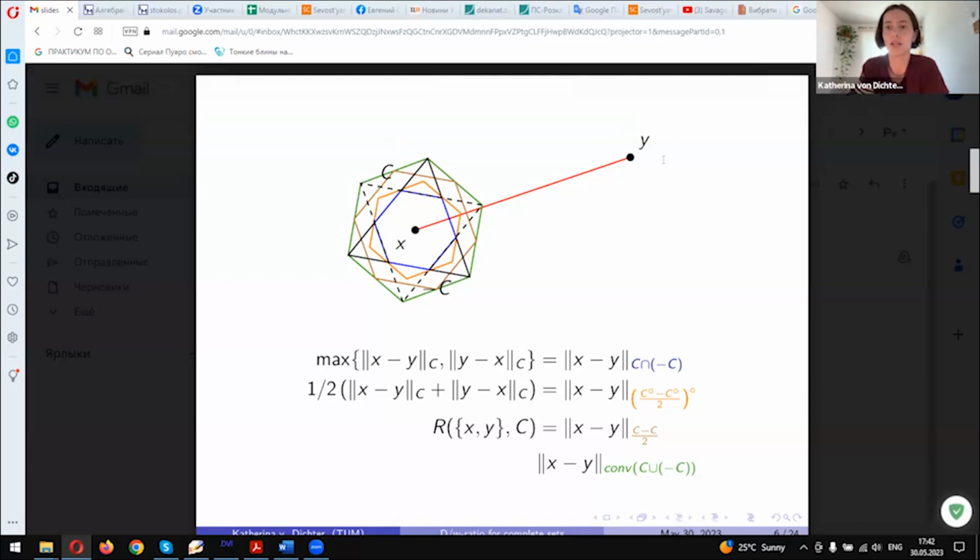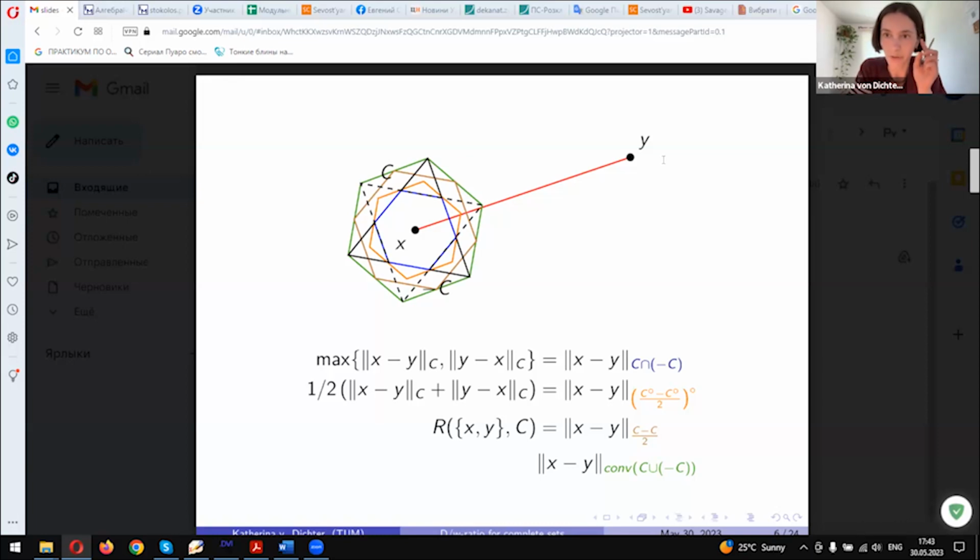But this is not the only average of the two distances from x to y and y to x. We can also take the arithmetic mean. This is the second line. And we end up with another norm, which is the so-called harmonic mean of C and minus C. And here you have that it is C polar minus C polar over 2, and again polar.